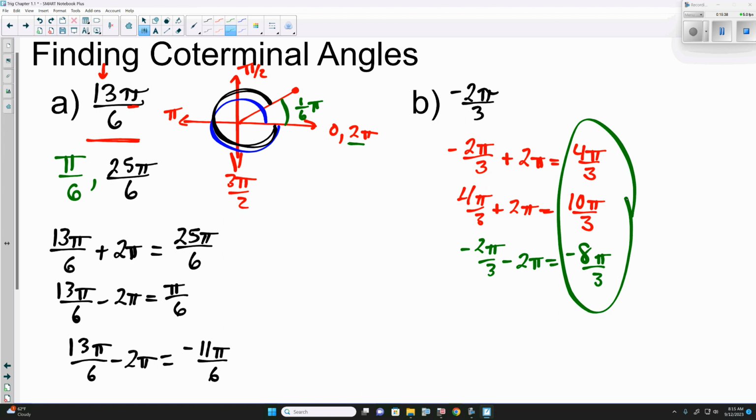And here we found 2 positive and 1 negative coterminal angles. And if we wanted to find another negative coterminal angle, we can subtract 2 pi from negative 8 pi over 3. And that's it. Questions on these coterminal angles?